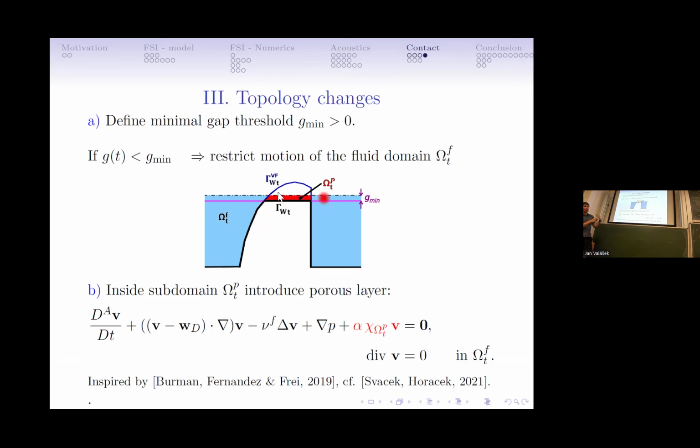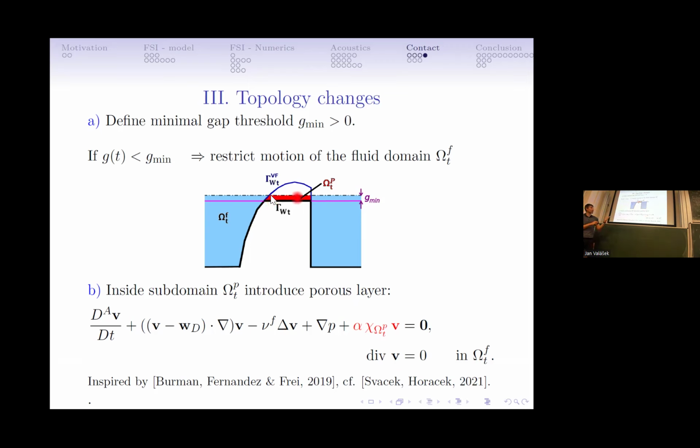And in order to really suppress all flow from the left to the right hand side through this channel, which should be closed, we additionally introduce a term in the Navier-Stokes equation, which can be seen as an artificial porosity term, where we have some coefficient alpha and a characteristic function related to this red part of the domain.